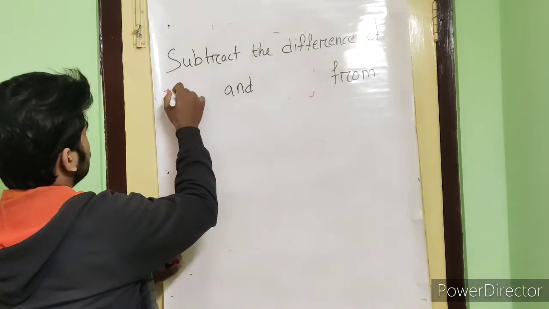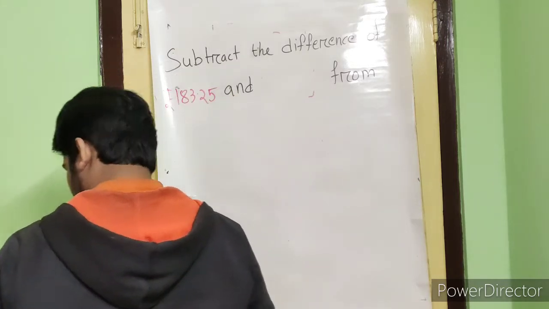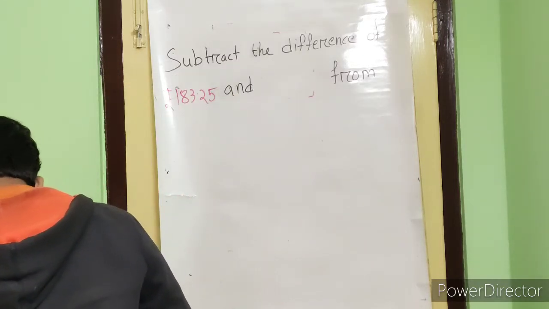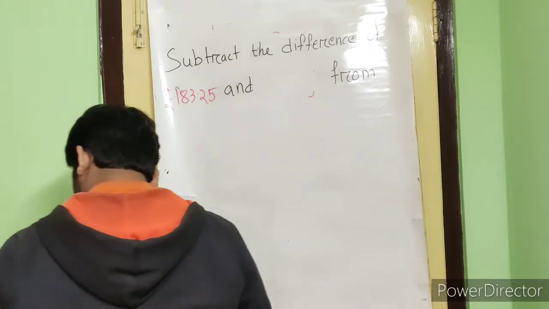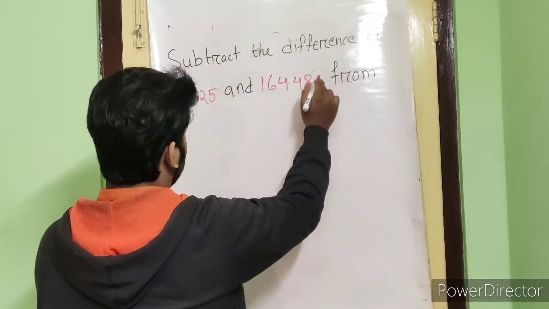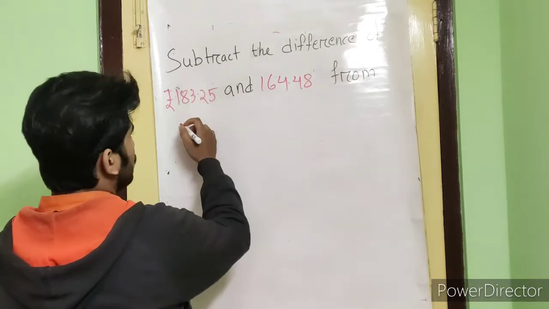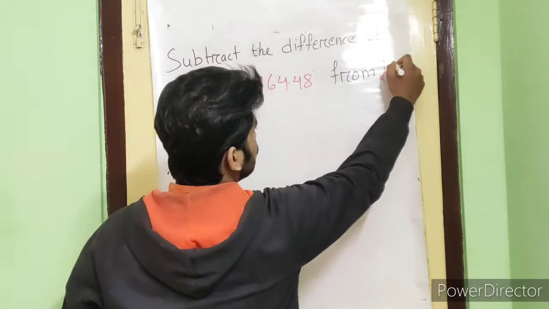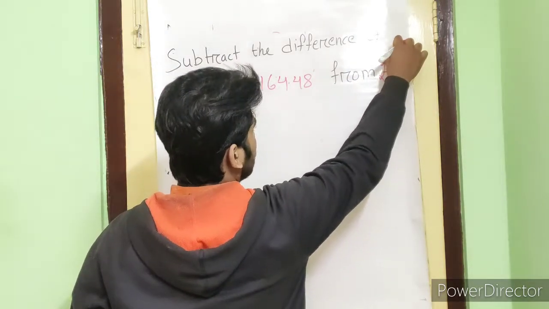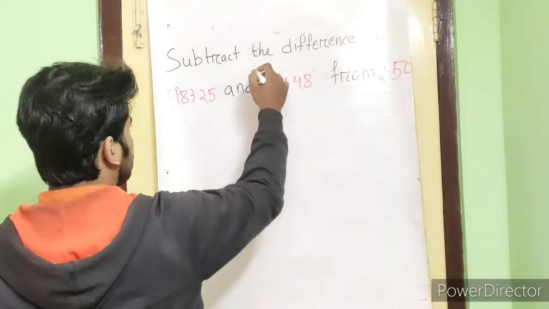Rupees 183.25 and 164.48 from rupees 50. So this one is from your money chapter, so rupees symbol is mandatory.